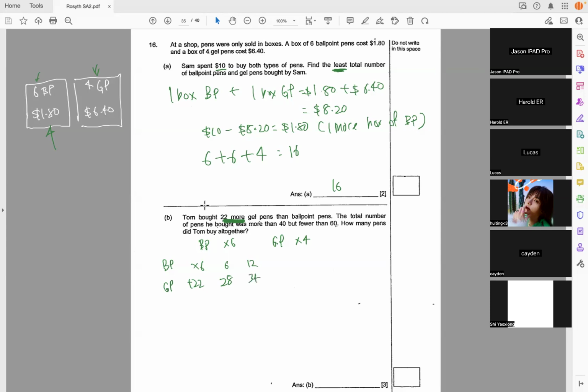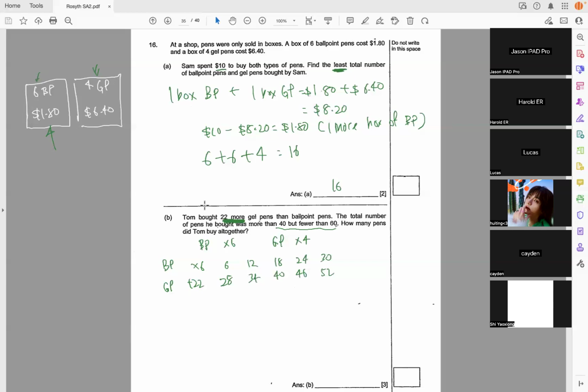So next one is 18, 40. 24 plus another 22, you get 46. 30, you get 52. Okay, we stop here because we know that the total number of pens is more than 40 but fewer than 60. Let's not go further because when added up, it's surely more than 60.